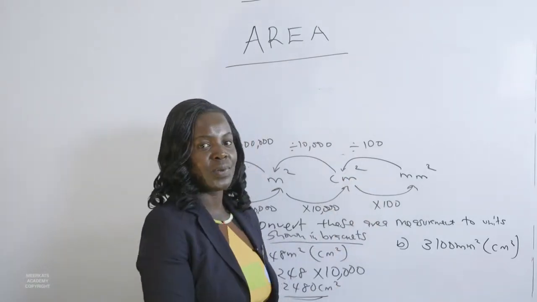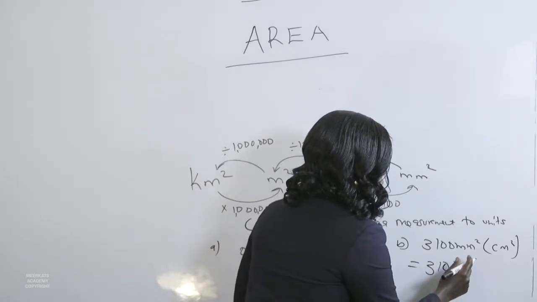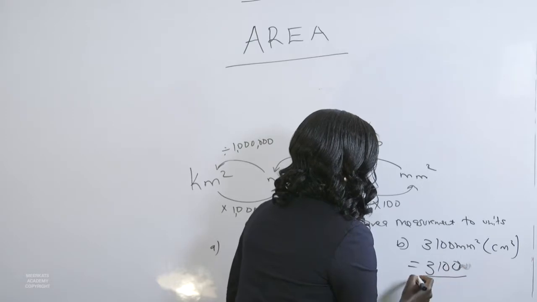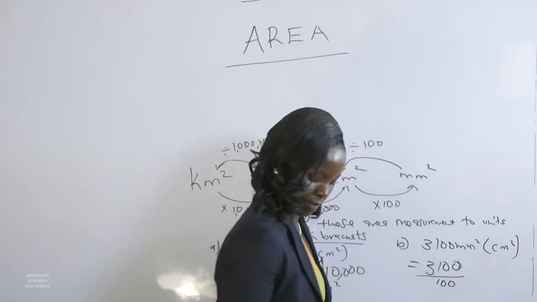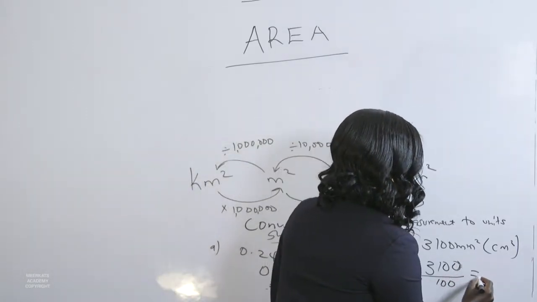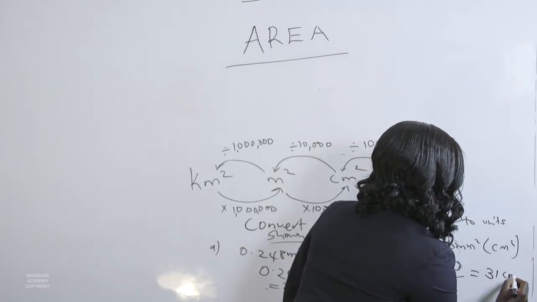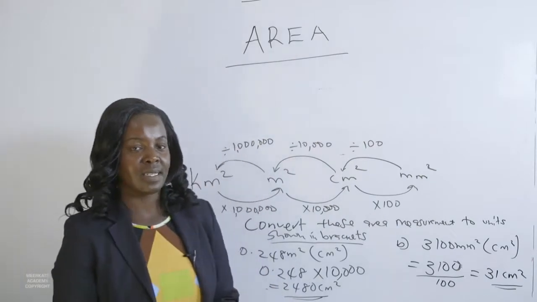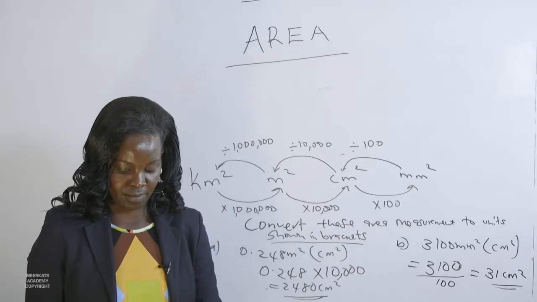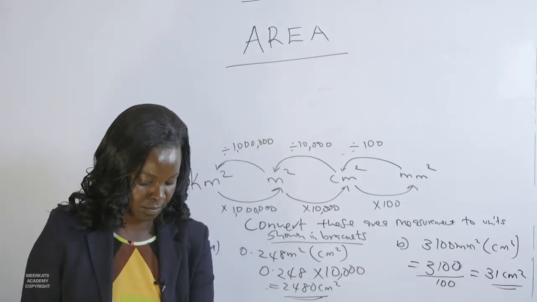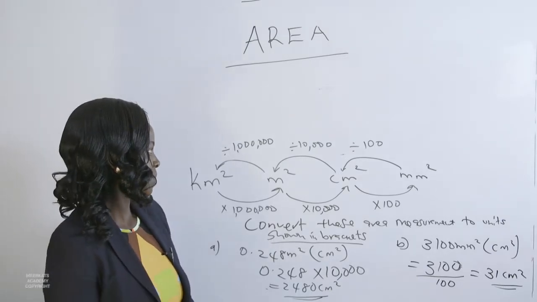So from our summary, we divide by 100. That will give us 381 square centimeters.